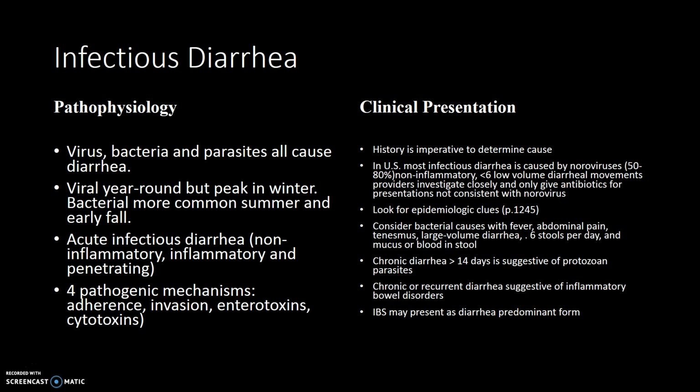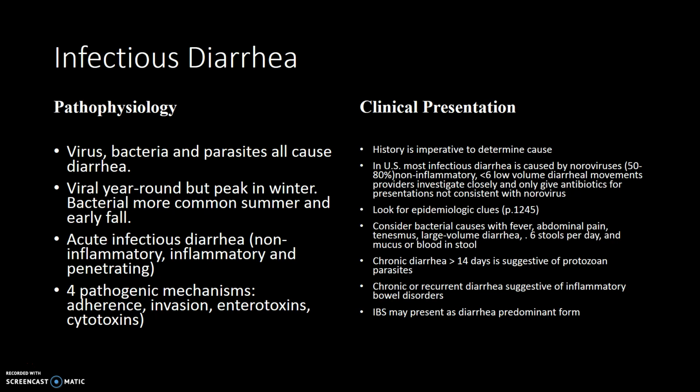I don't need you to memorize it, but remember that enterotoxin can be quite lethal. Cytotoxins: Shigella is a classic example of a cytotoxin that damages the mucosa by inhibiting cellular protein synthesis and producing an inflammatory colitis.